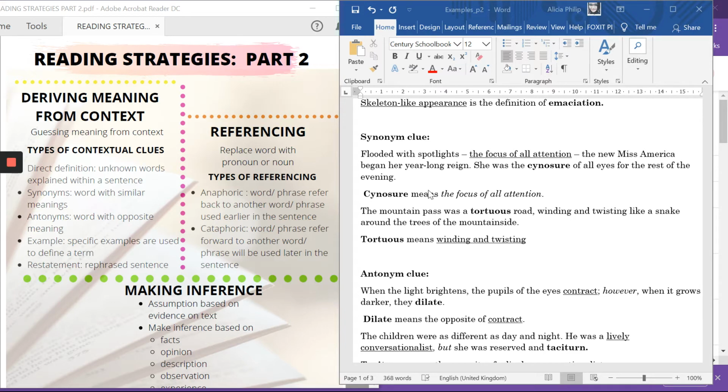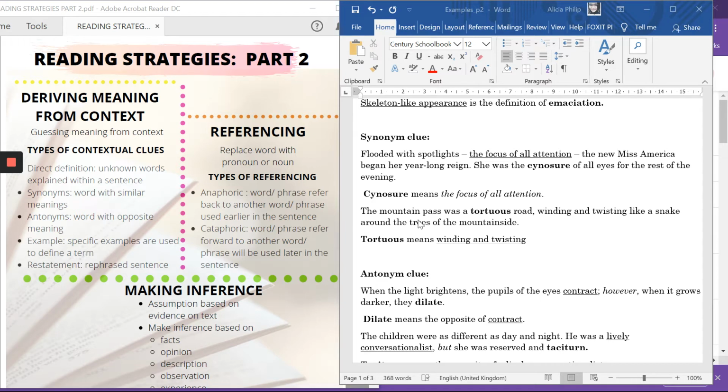Please understand the context first and then look at focus of all attention. So the direct definition for cynosure is focus of all attention, because if you see next, the context is eyes for the rest of the evening. Okay, so the nearest meaning would be focus of all attention. So the synonym for cynosure is focus of all attention.